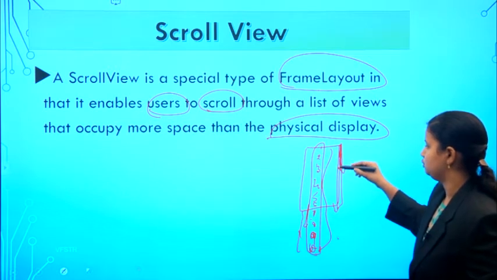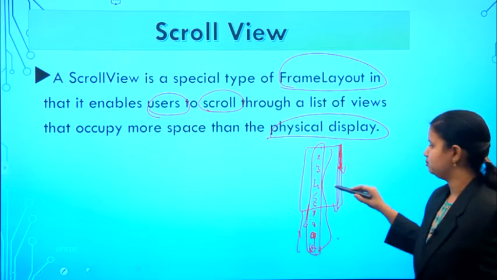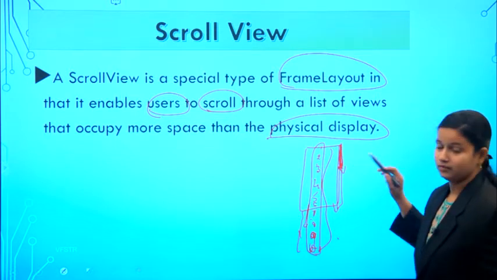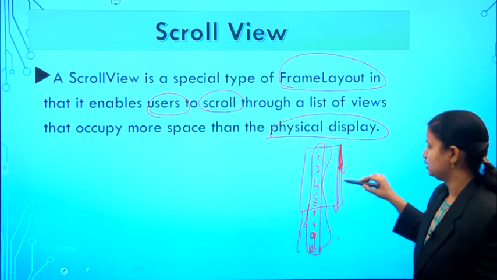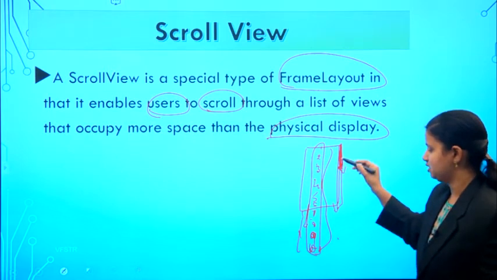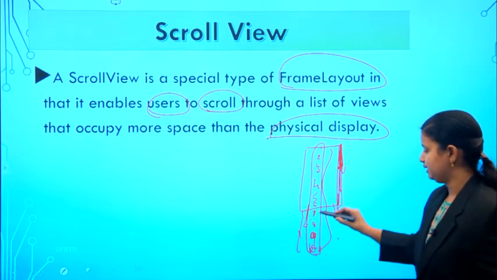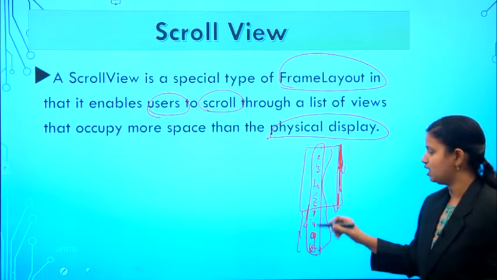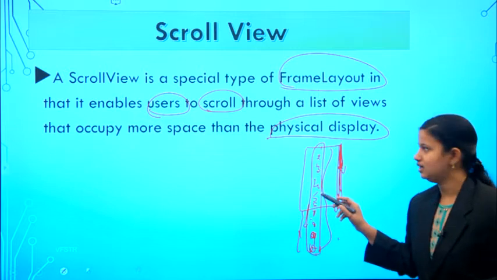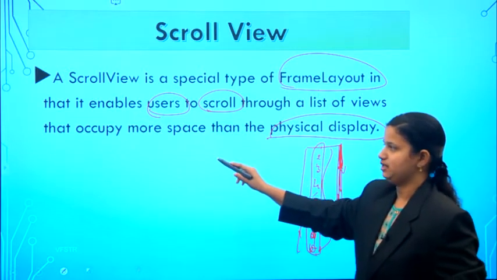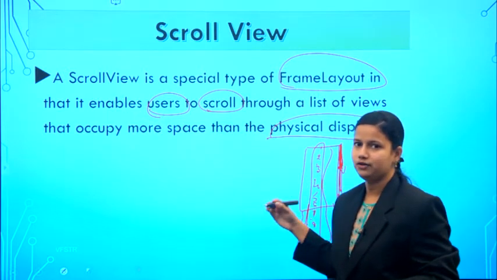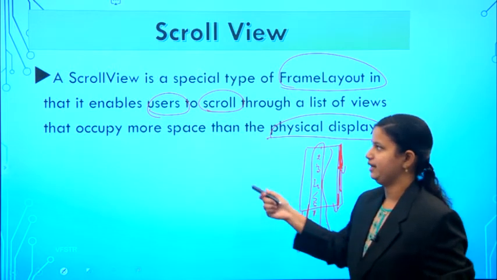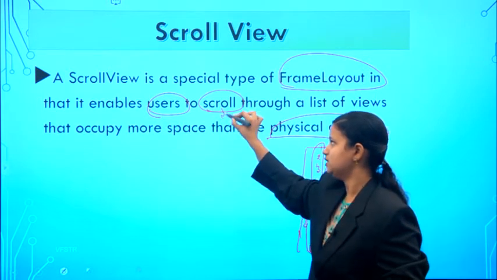The scroll view arranges a scroll bar on the right side, and by using this scroll bar, it will display the remaining contents. More than the physical display space, whatever components are added in your design ought to be displayed to the users by providing a scroll bar.